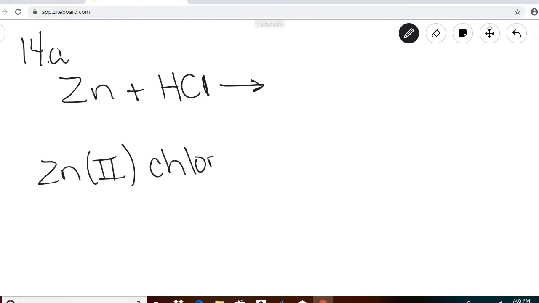Okay, so let's first look at what the chemical symbol for that would be.